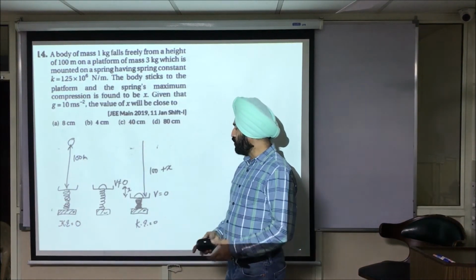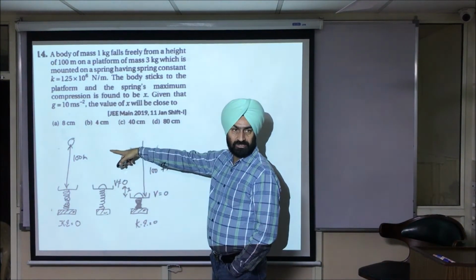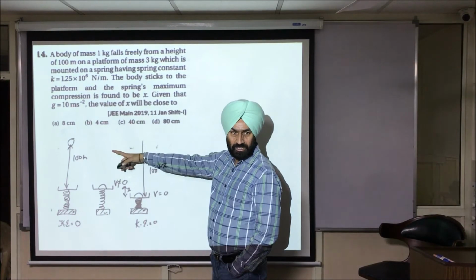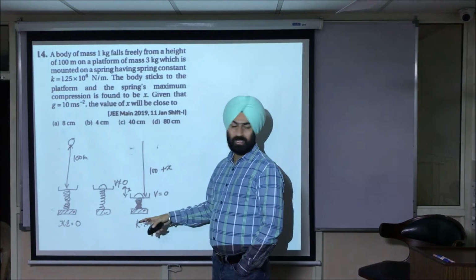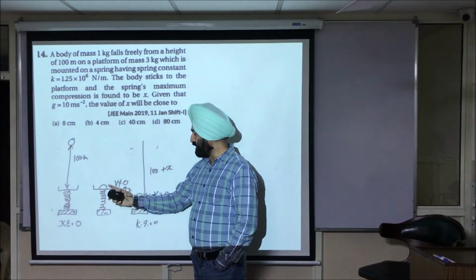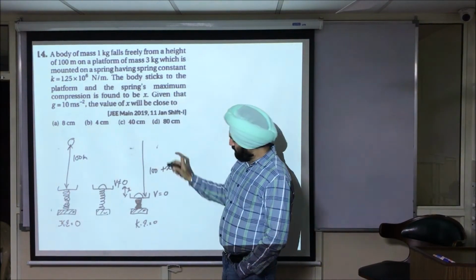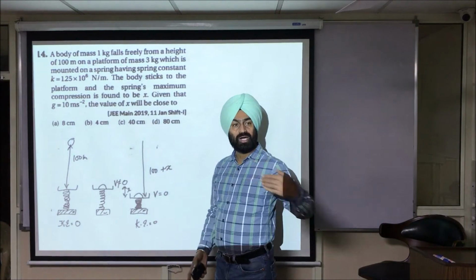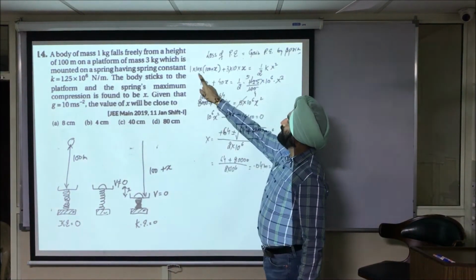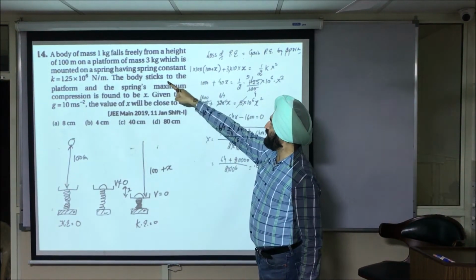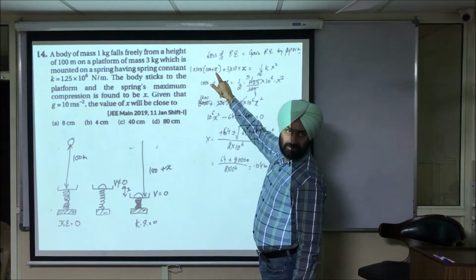Okay, so loss of potential energy of the body, how much? mg, how much h? 100 plus x. And loss of potential energy by the platform, 3 kg into g into x, equals energy stored in the spring, half k x square. m is 1 kg, g is 10, loss of height 100 plus x.